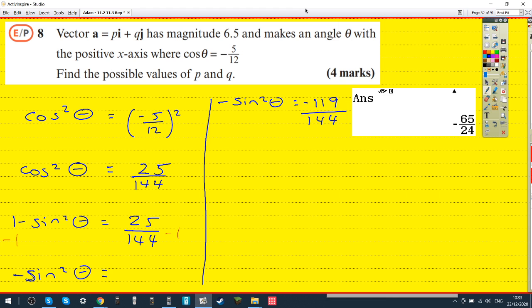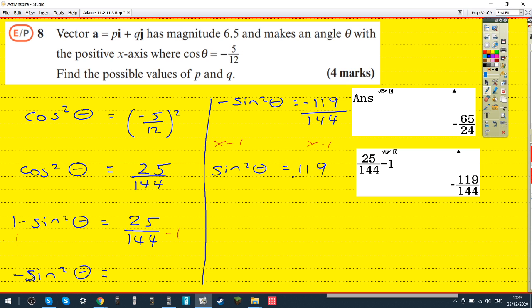Do you need to minus it first? So minus sine squared theta equals minus 119 over 144. Then you square root that, which it won't let me do because it's negative. So make it positive. You could times both sides by minus 1. So that gives you sine squared theta equals 119 over 144. And then you square root both sides.